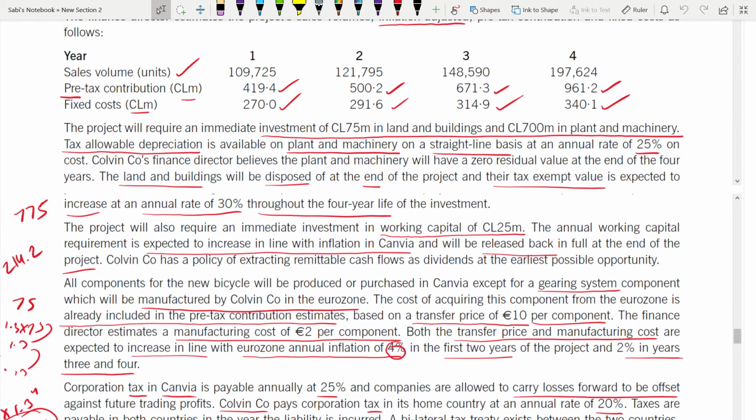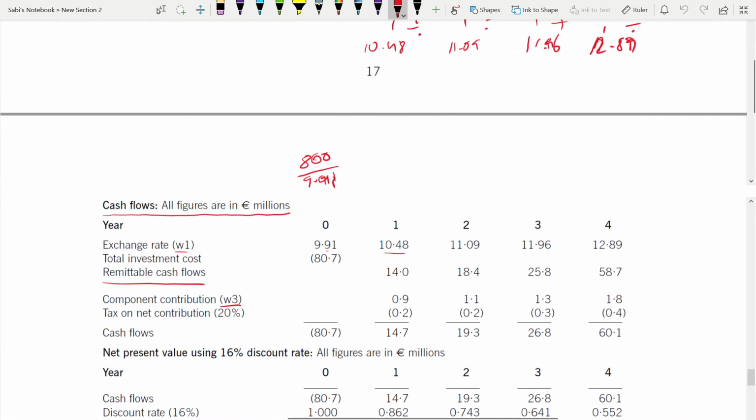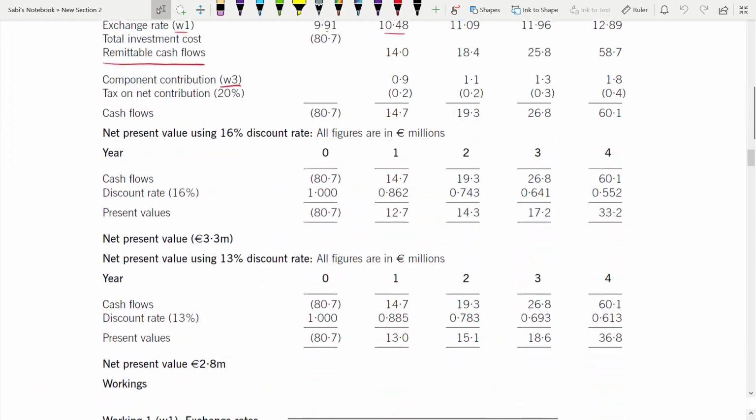Here they have told the transfer price is 10 and the manufacturing cost is 2. So the transfer price is the sales and the manufacturing cost is the cost. Sales minus cost will be your contribution. So 10 minus 2: 10 is the transfer price, 2 is the manufacturing cost. You deduct, and 8 is your contribution per unit, per component. That's why you have multiplied the sales volume here by 8.